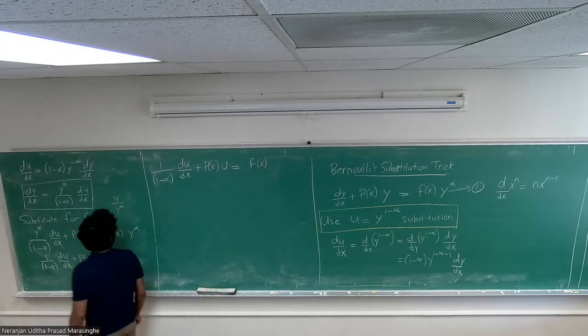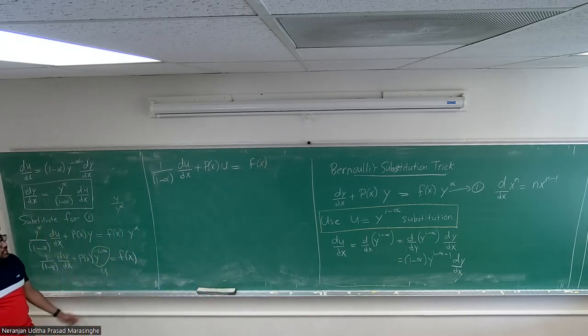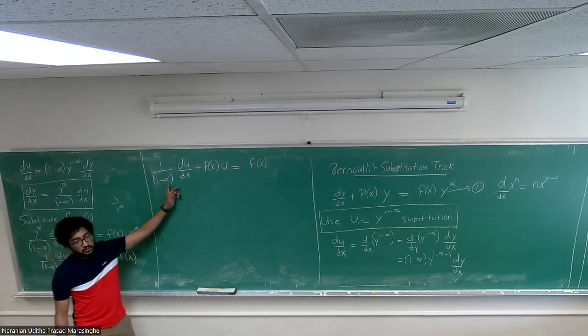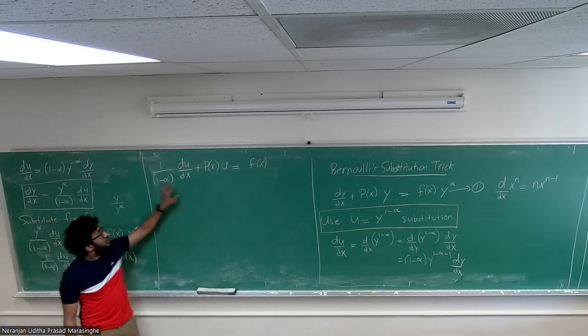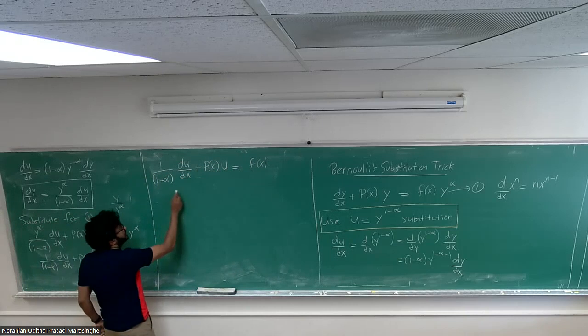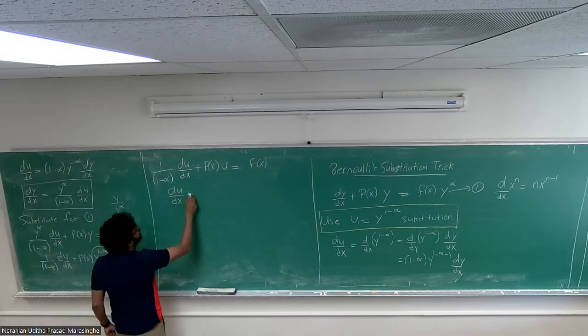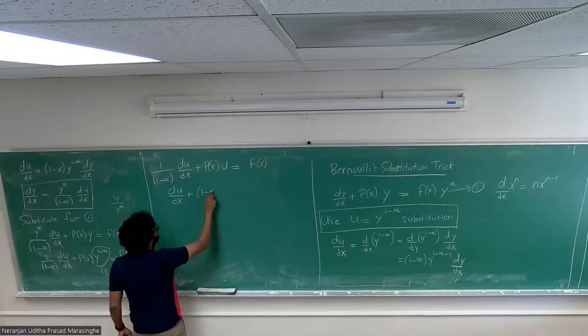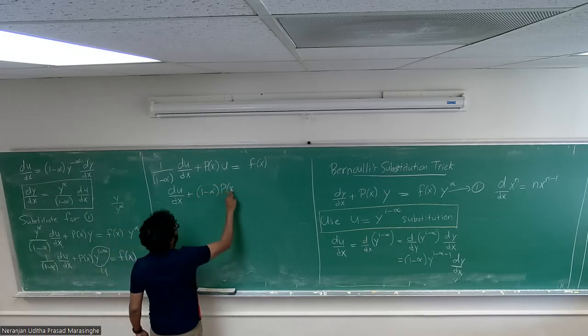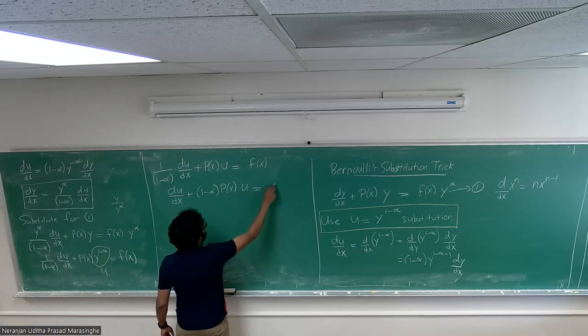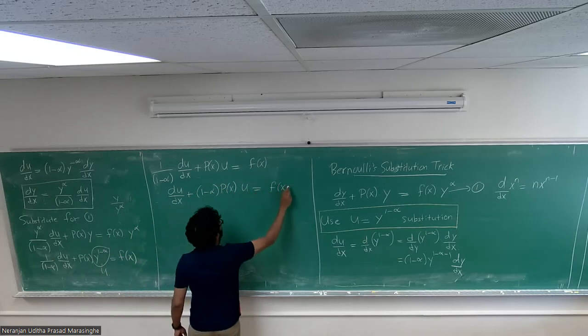Right. Next, I would multiply each term by 1 minus alpha. So then this 1 minus alpha would disappear, and I would get du over dx plus (1 minus alpha) d(x) times u is equal to (1 minus alpha) f(x).